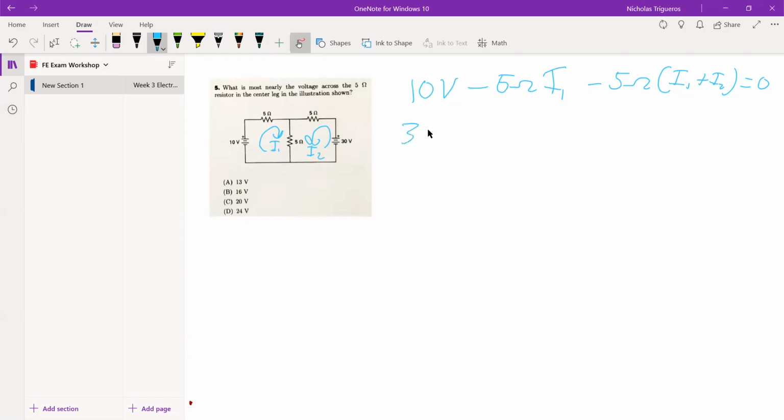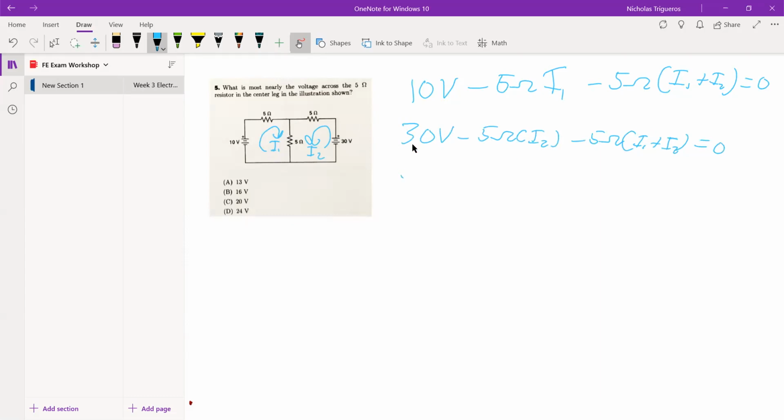Next one, we start with 30 volts minus 5 ohms times I2 minus 5 ohms times (I1 plus I2) equals 0. Again, we get back to 0 potential.